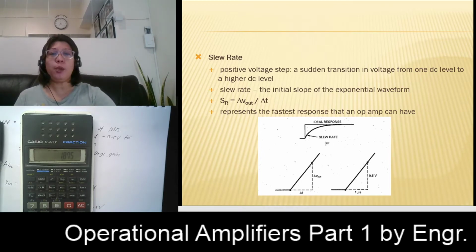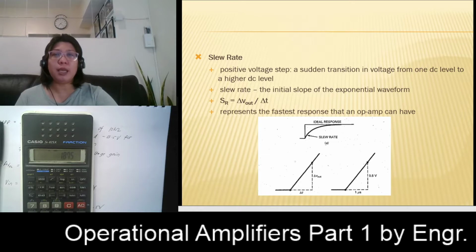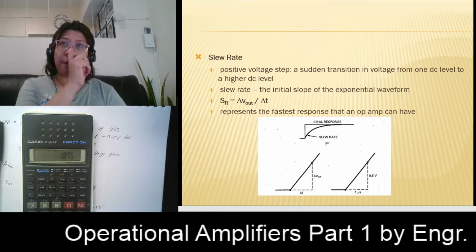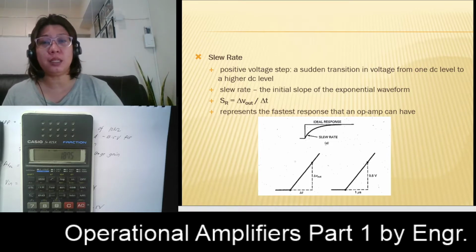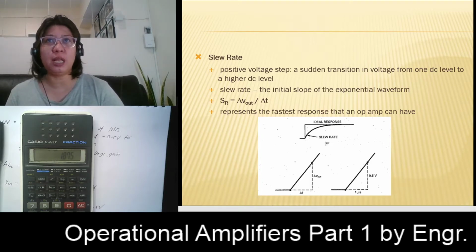However, because of the compensating capacitor that still needs to be charged and discharged before the output voltage can change to a higher level, we have here an exponential wave instead. So this is the ideal response compared with the actual, which is an exponential wave.